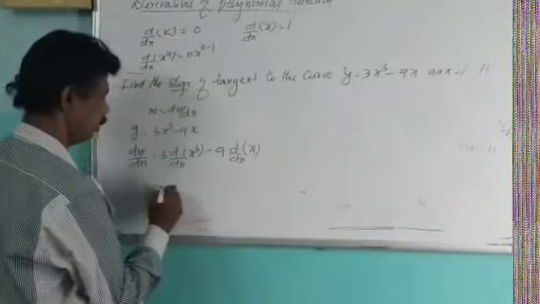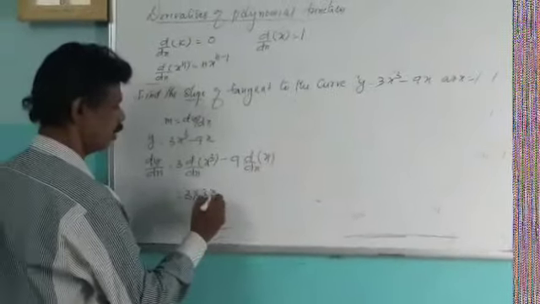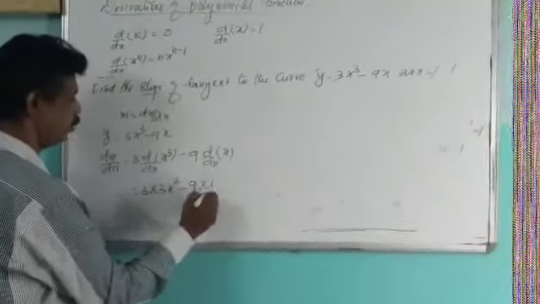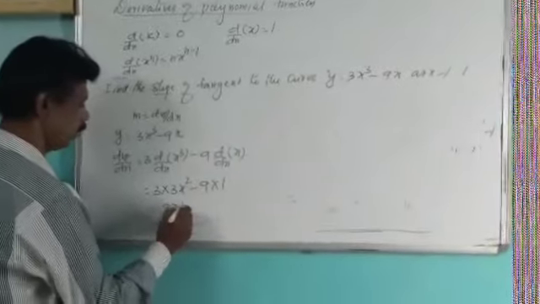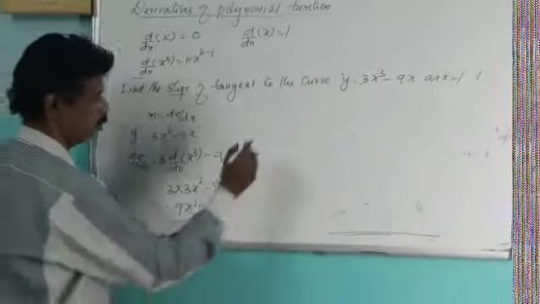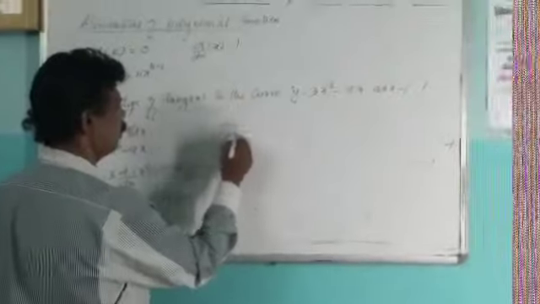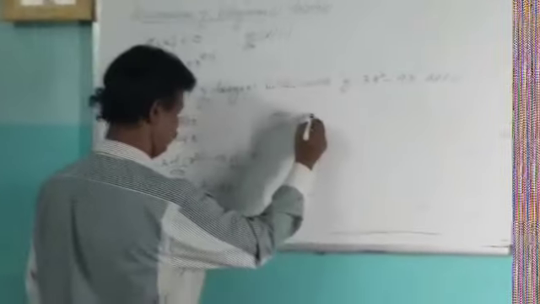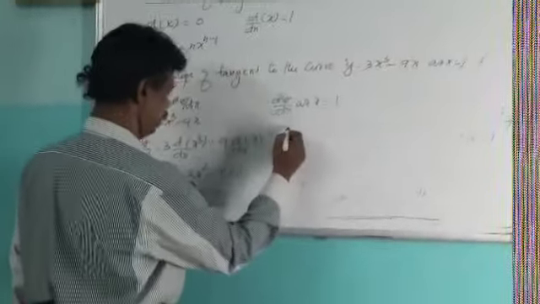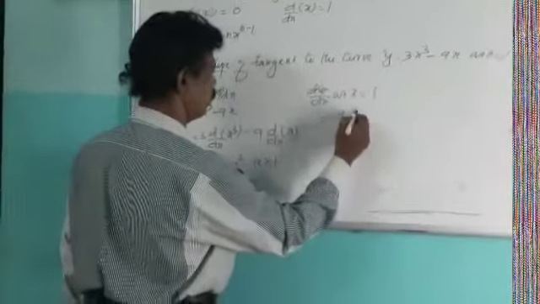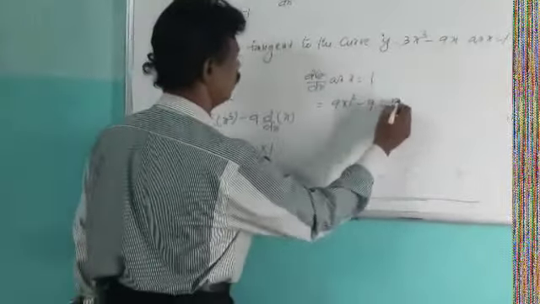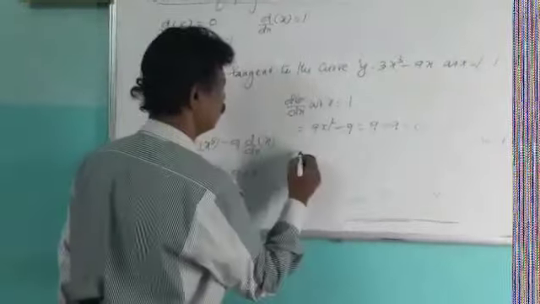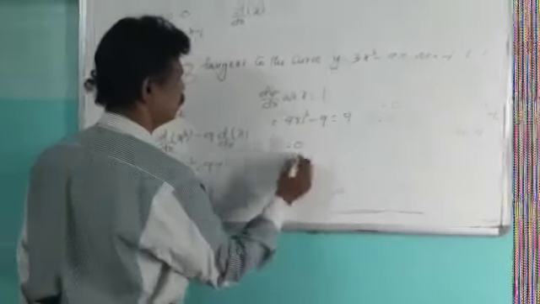That is 3 into 3x square, minus 9 into 1, so 9x square minus 9. That is dy by dx. We have to find dy by dx at x equal to 1. That is 9 into 1 square minus 9, equal to 9 minus 9 equals 0. That is slope m equal to 0.